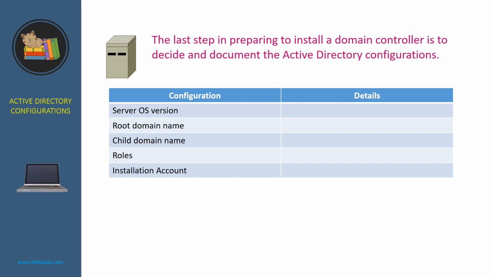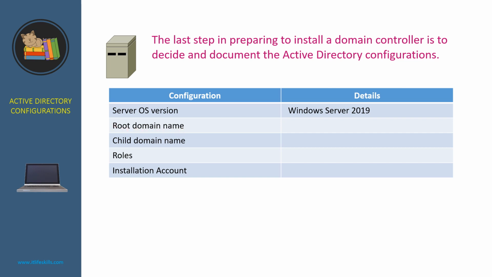The last step in preparing to install a domain controller is to design and document the Active Directory configuration. And here are the Active Directory configuration. The first one is a server OS version, for example, Windows Server 2019.